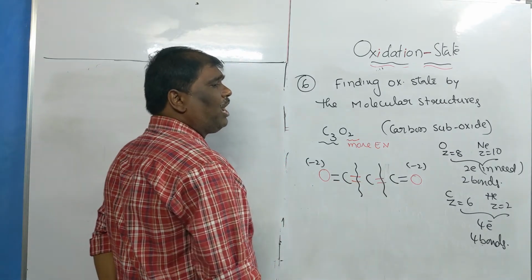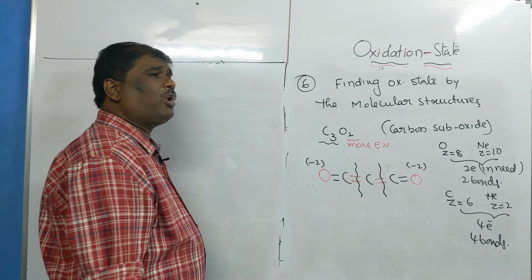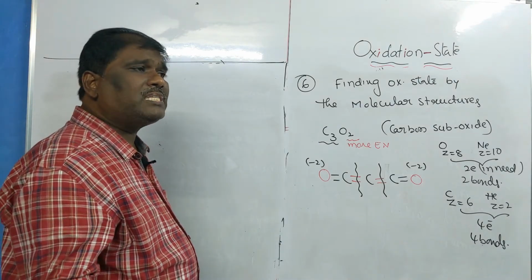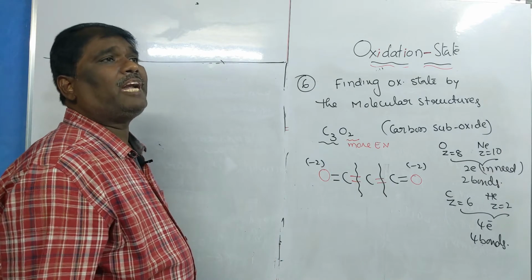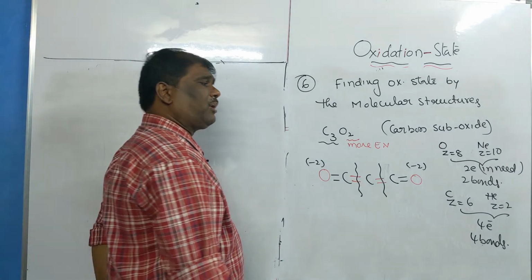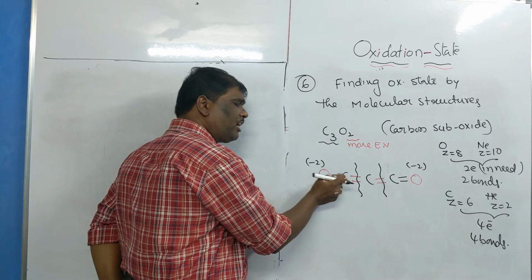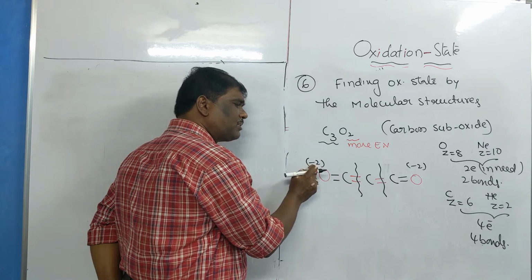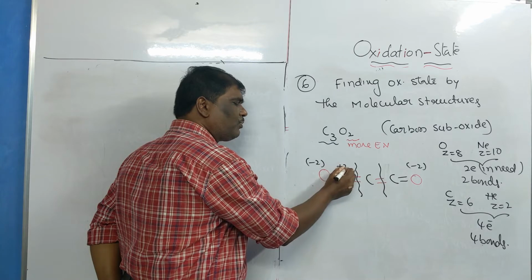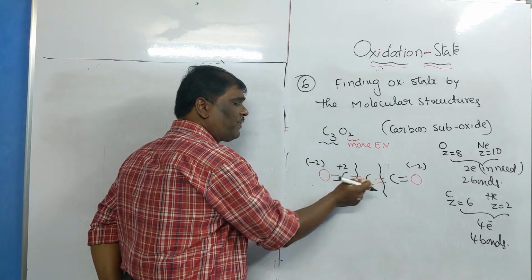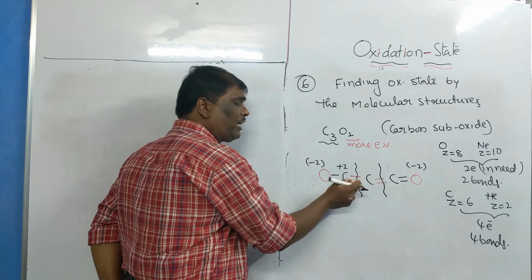I told you oxidation state is developed by unequal sharing. Unequal sharing is developed only when the atoms differ in electronegativity. Oxygen and carbon differ in electronegativity. That's why oxygen is getting minus 2, and carbon is getting plus 2. Whereas carbon and carbon, like atoms, have no difference in electronegativity, so no unequal sharing.